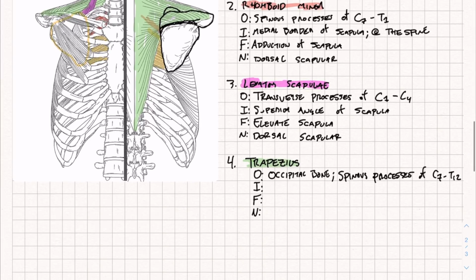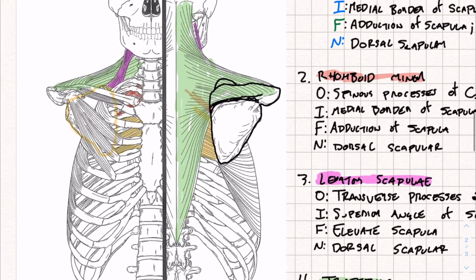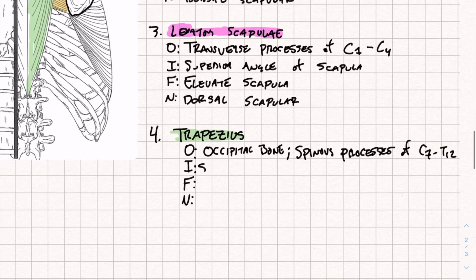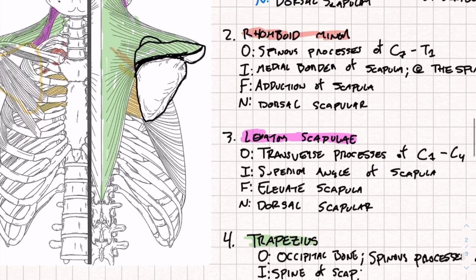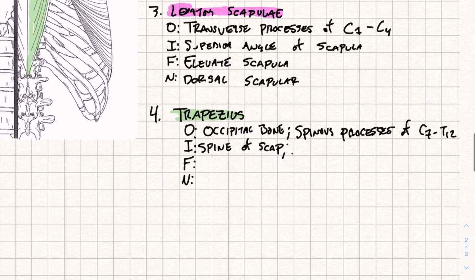Its insertion, there's 3 insertions. So the first one we can see is right here along that whole spine of the scapula, and then it also wraps around this landmark called the acromion.